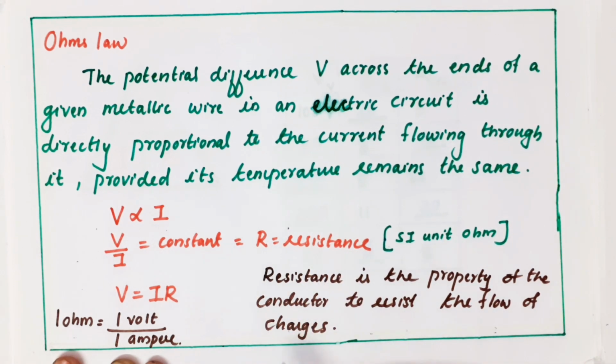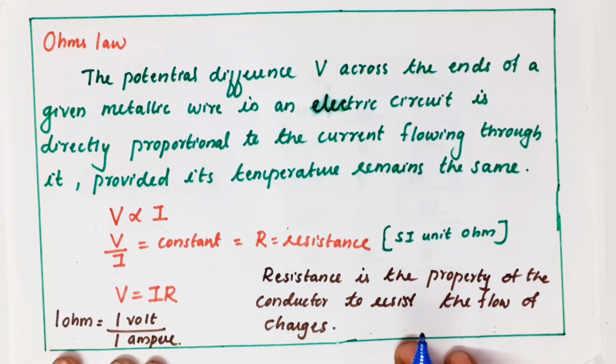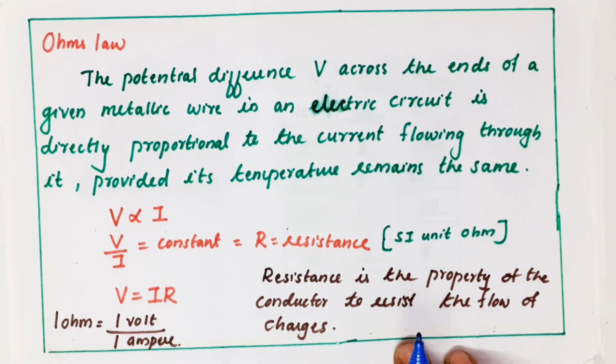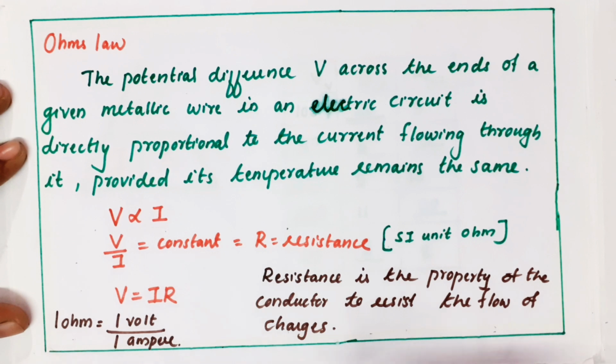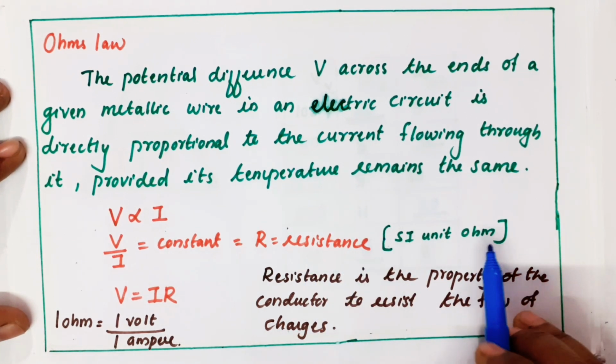I told you what is resistance. It is the property of the conductor to resist the flow of charges. So resistance means the property of the conductor to resist the flow of charges. So that property never changes. So I'm telling here the new property name is resistance and its SI unit is ohm.